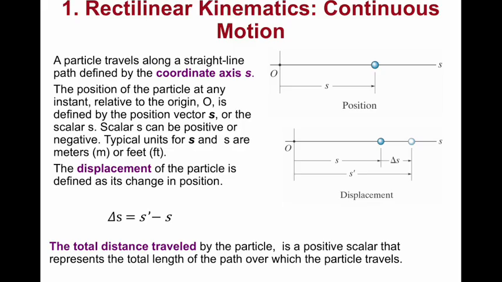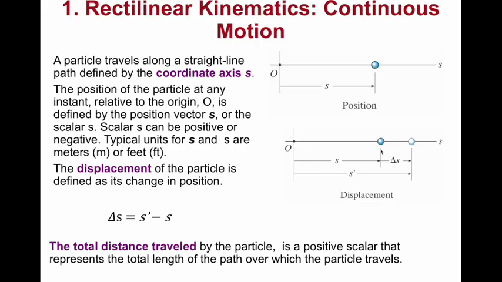So to start with the rectilinear kinematics, we have a particle that travels along a straight line defined by the coordinate axis S. So we have the origin, we have our particle, in this case the car moving, and then we can define the position of that particle with respect to the origin with a vector S. So position we're going to define with a vector S, and then the displacement of that particle is defined as its change in position.